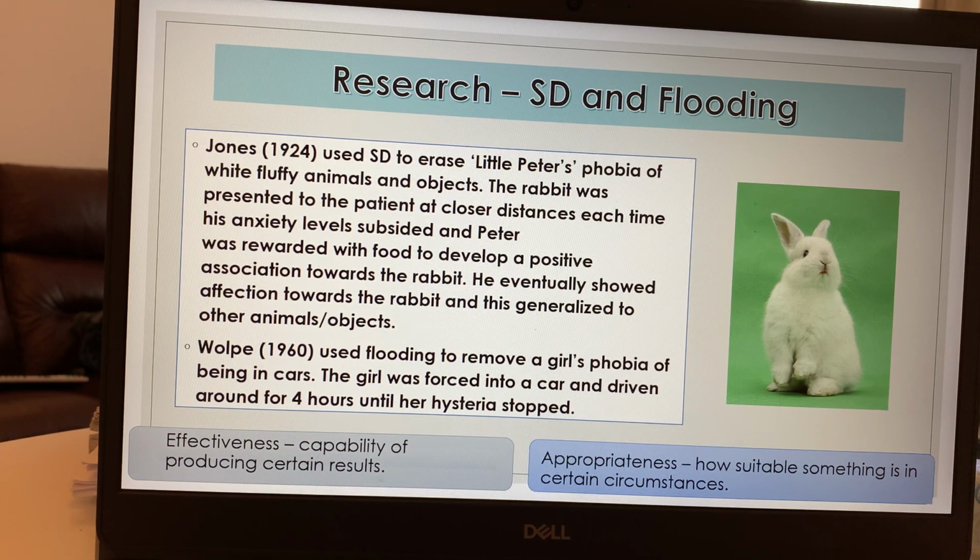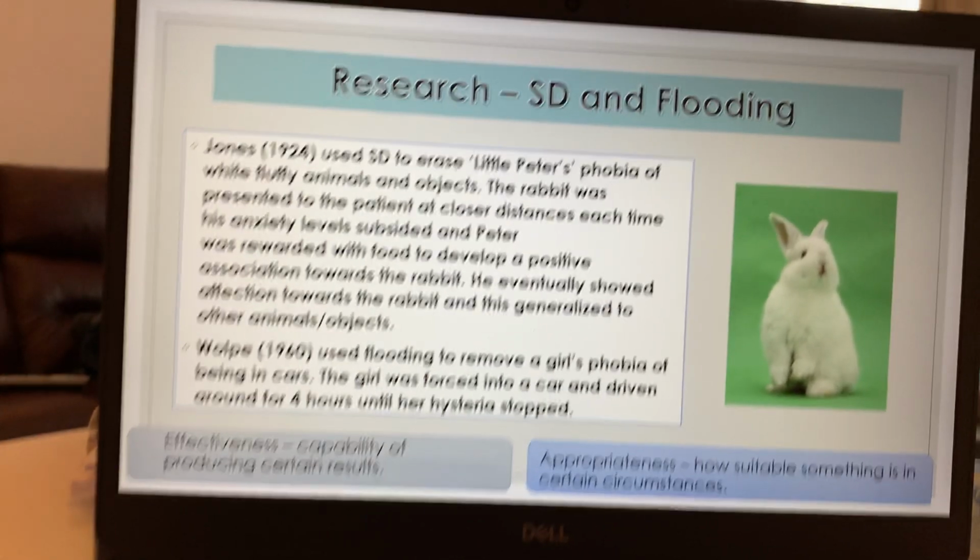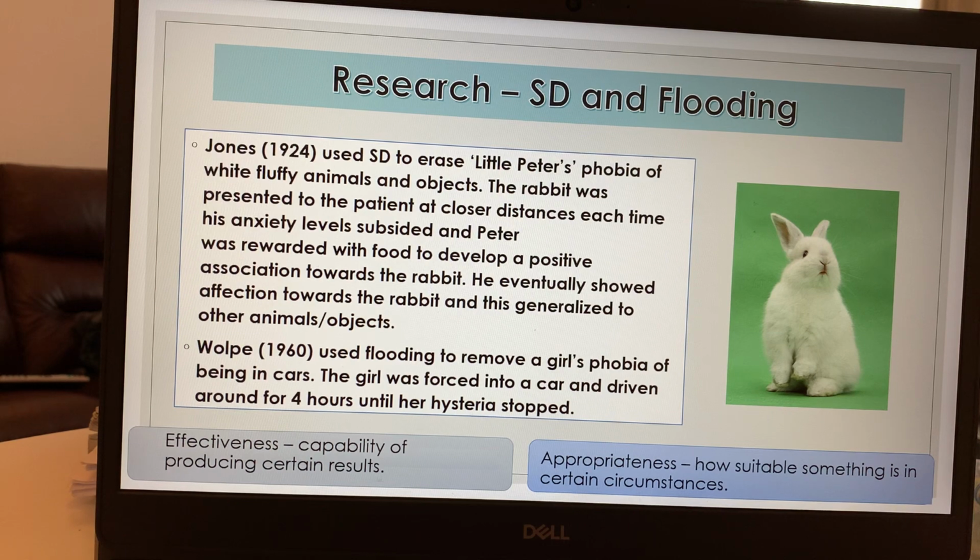So you do it with a dog. They don't wee on the carpet or they wee outside, you give them a treat. And it's kind of the same with phobias. So this child is being positively reinforced when he gets close to the rabbit. And it is a really good technique to use with children and with small animals. And over time, he showed affection towards the rabbit, and it generalised to other white fluffy objects.